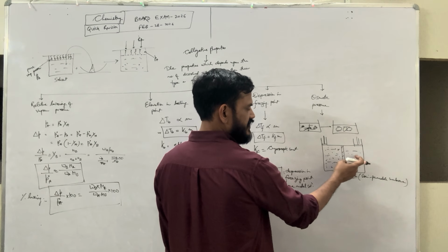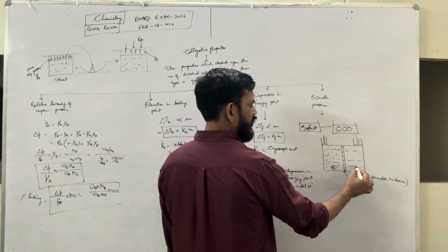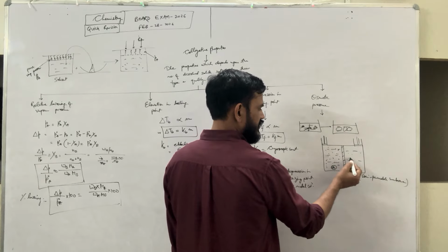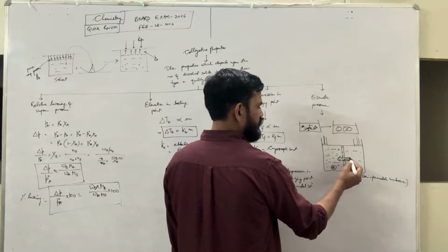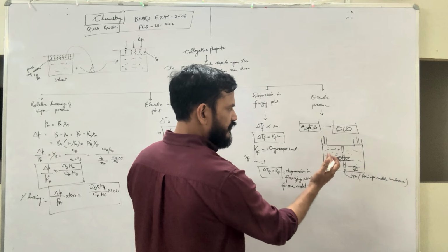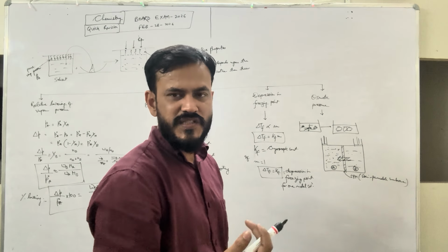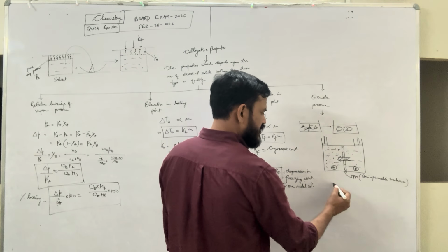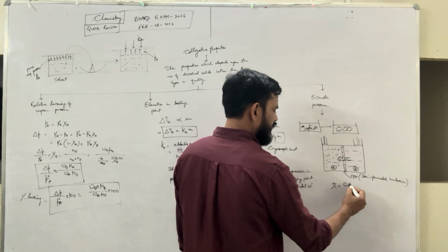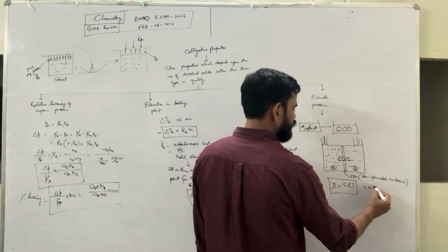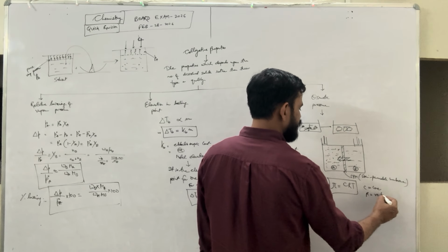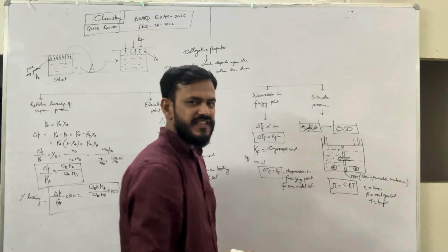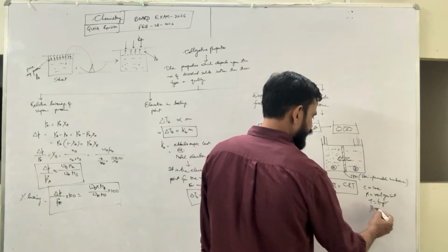Solvent concentration on compartment B is higher than on A. So, naturally, the fluid will flow from B to A. If fluid is flowing from B to A, there is pressure. This pressure is known as osmotic pressure, and this phenomenon is known as osmosis. This osmotic pressure, π, is given by CRT, where C is concentration, R is the real gas constant, and T is temperature. Here π is the osmotic pressure.